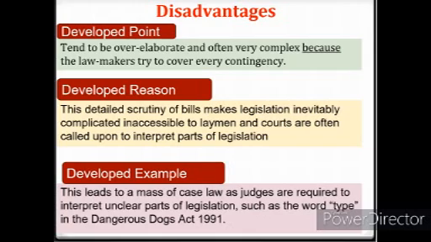The classic example used by most candidates is the Dangerous Dogs Act of 1991. That has required lots and lots of statutory interpretation. So it's required courts on several occasions to try to interpret and make that piece of legislation clear.